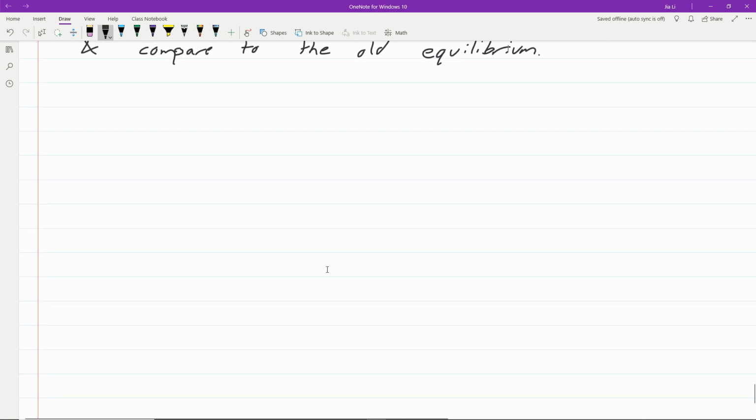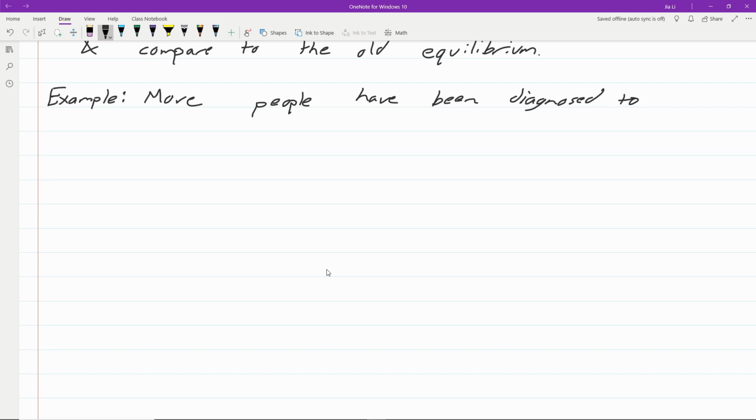So an example prompt you might see is something along the lines of, let's say, for whatever reason, more people have been diagnosed to be lactose intolerant.